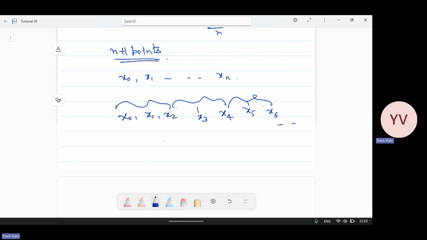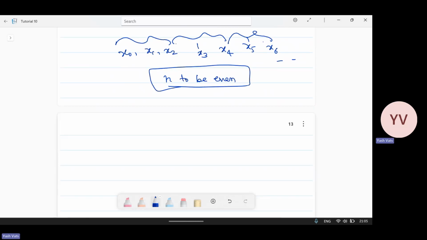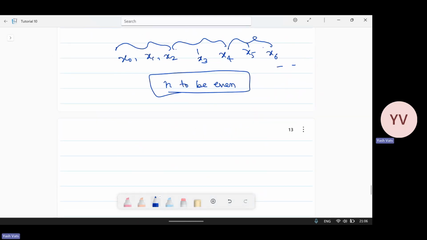So for Simpson's 1 by 3 formula, you need n to be even.